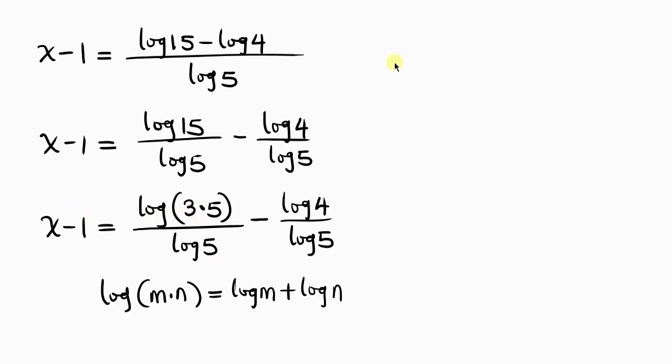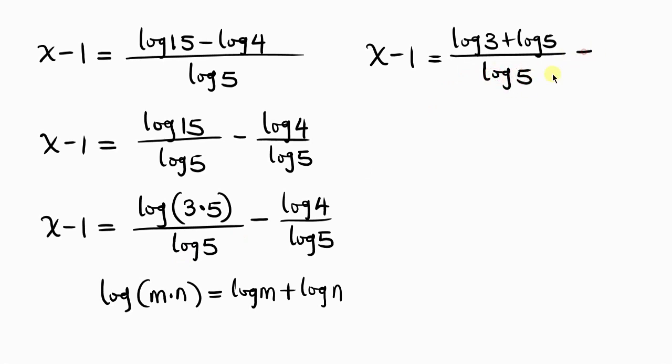So this becomes x minus 1 equal to log 3 plus log 5, according to this law, all over the denominator, log 5, and then minus log 4 all over log 5.